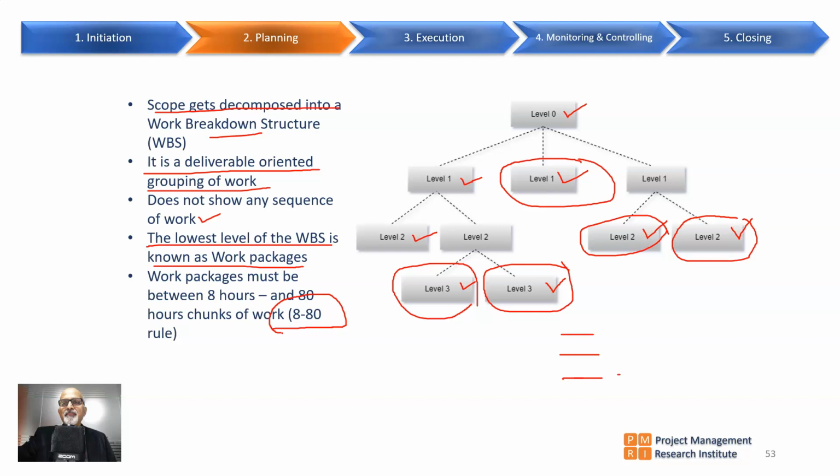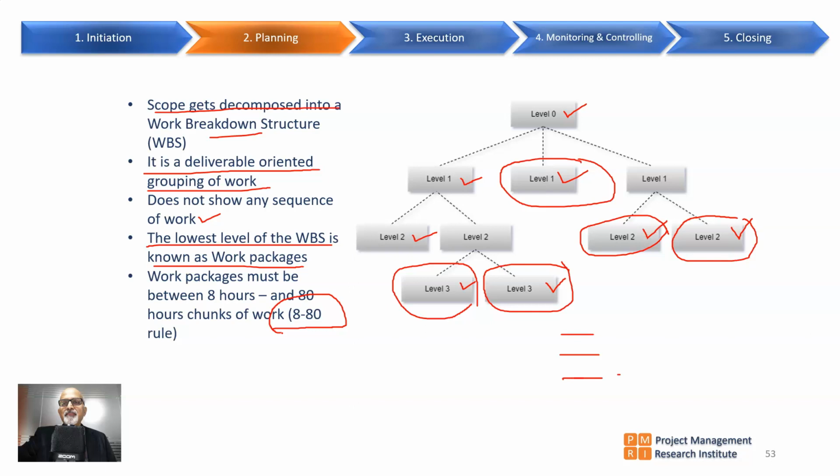For small projects, if you have very large work packages, then monitoring and controlling will be affected, because only in 10 days' time will a status change be displayed, and if the project duration itself is very short, that will be a problem.